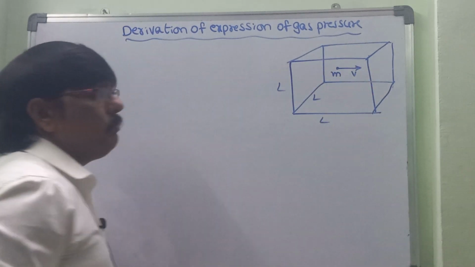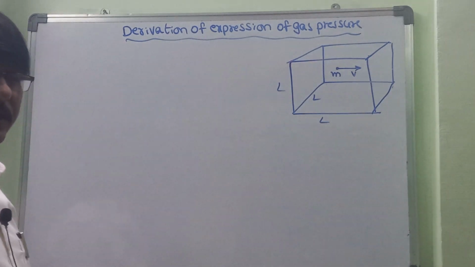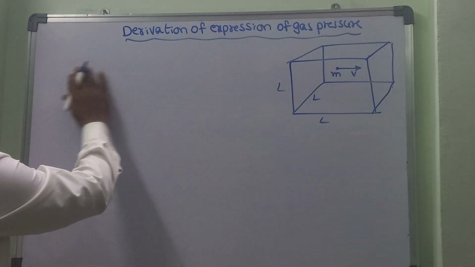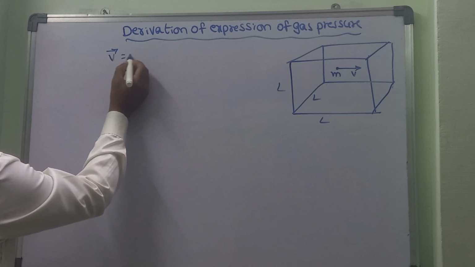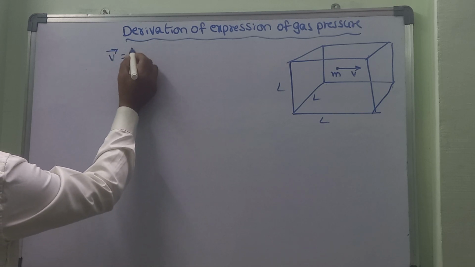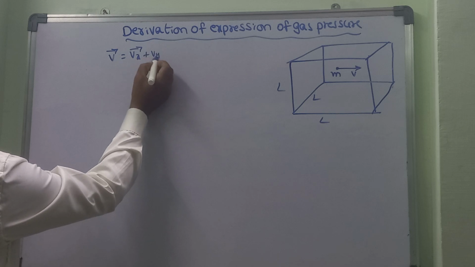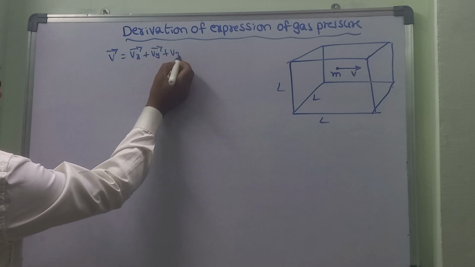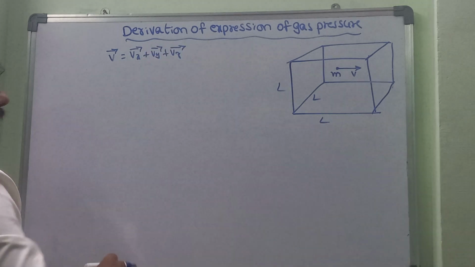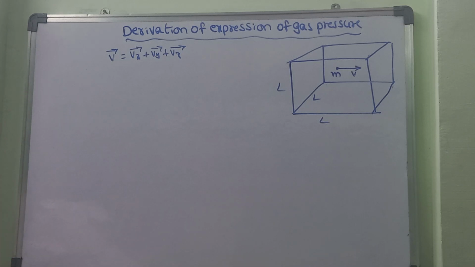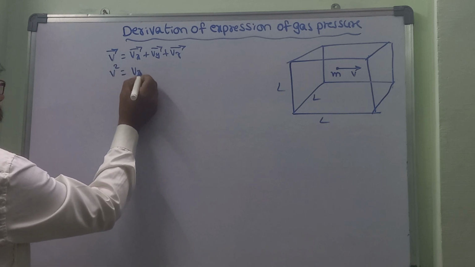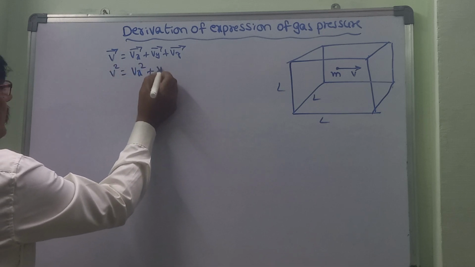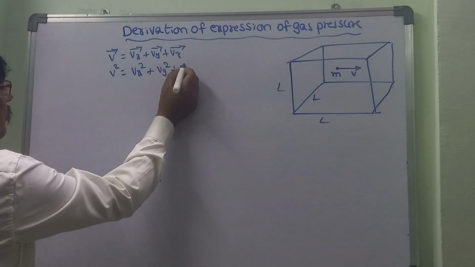The molecule is moving with velocity v, which in three dimensions we can take as Vx bar plus Vy bar plus Vz bar. When we take the magnitude of this vector, we get V square is equal to Vx square plus Vy square plus Vz square.